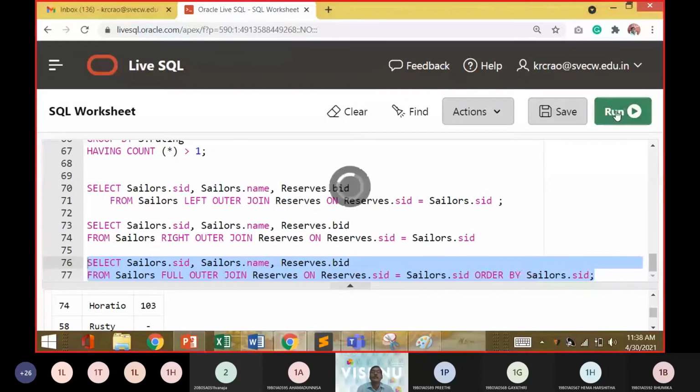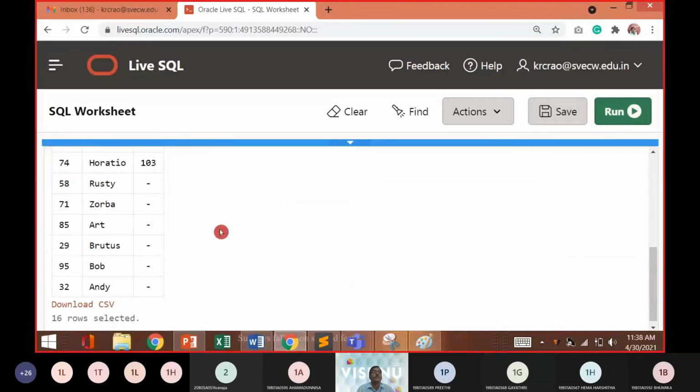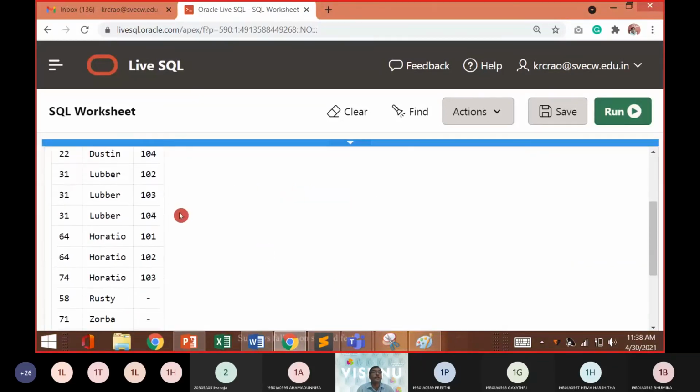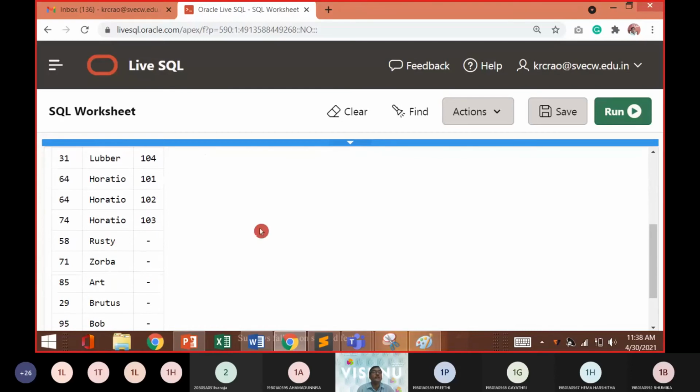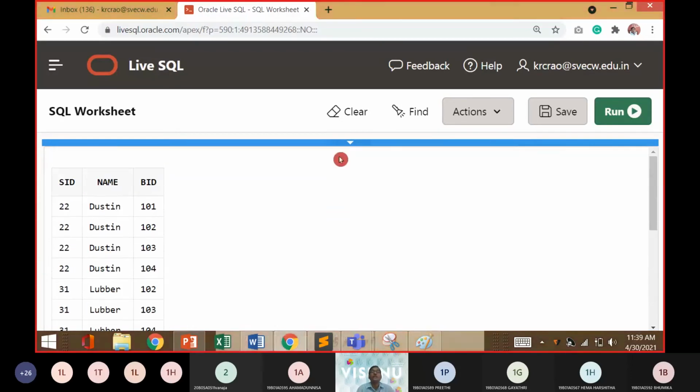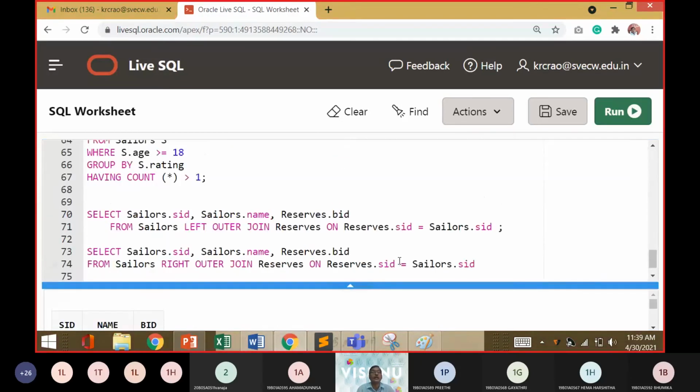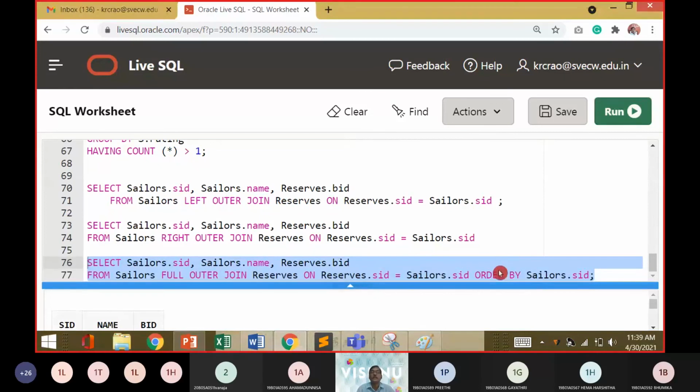I'm hitting the run button. It is executing right now. What we are expecting is that the result should be in either ascending or descending order. Is it done? No, it is not displaying either ascending or descending.